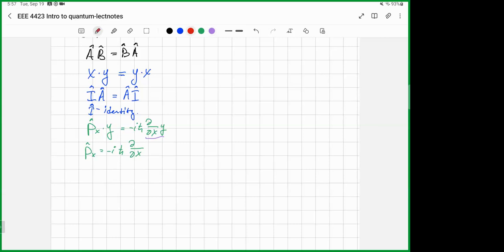However, for example, this px and x obviously don't commute, because px is minus i h bar d over dx, and this d over dx acts on x, right?